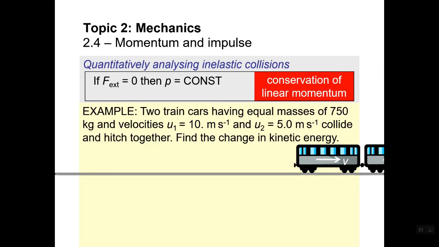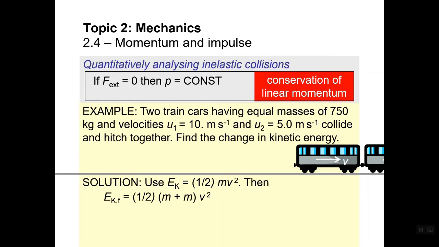Now find the change in the kinetic energy. We're going to use the kinetic energy formula, 1 over 2 mass times velocity squared. Let us start with the final kinetic energy. Final kinetic energy equals 1 over 2. Since they are hitched together and move with the same velocity, m plus m times velocity squared.